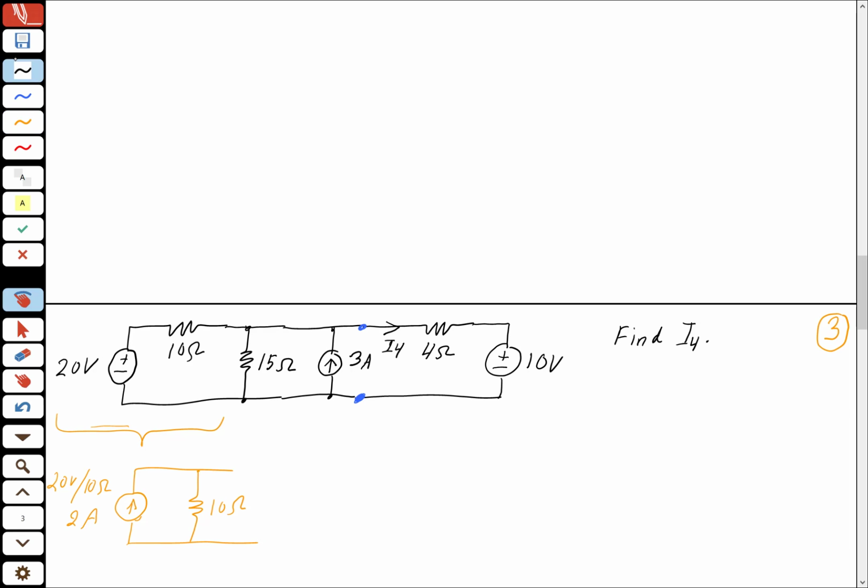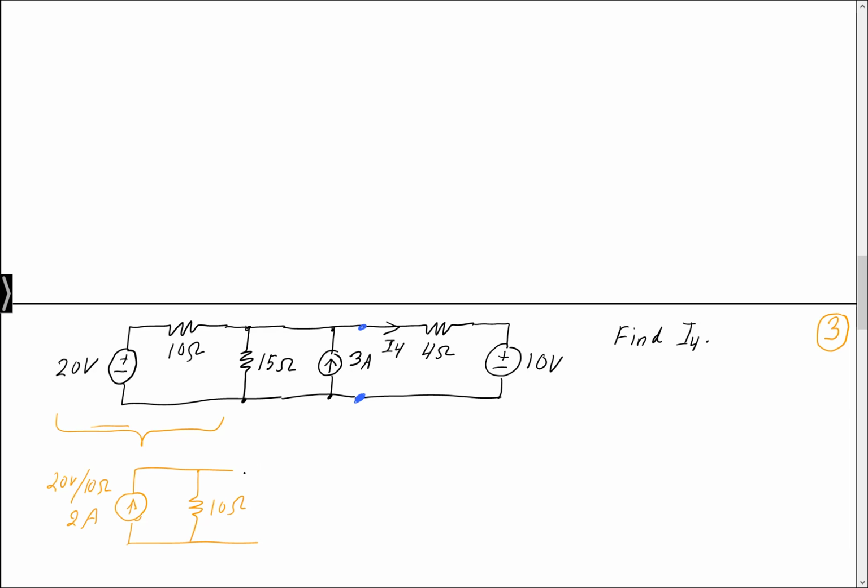Then I just redraw the rest of the circuit.